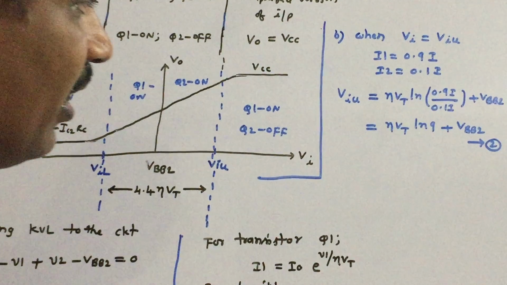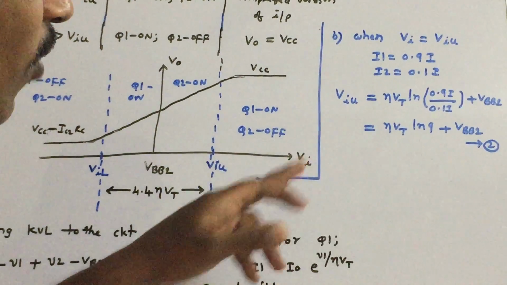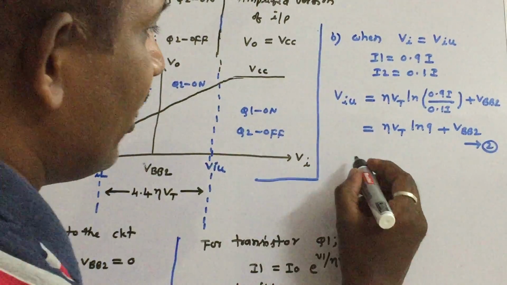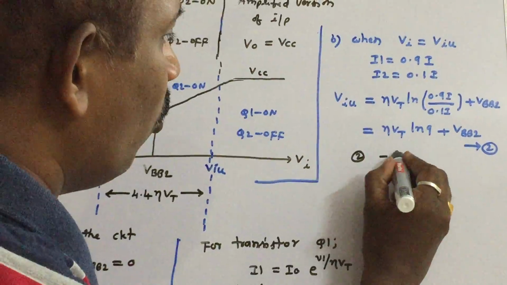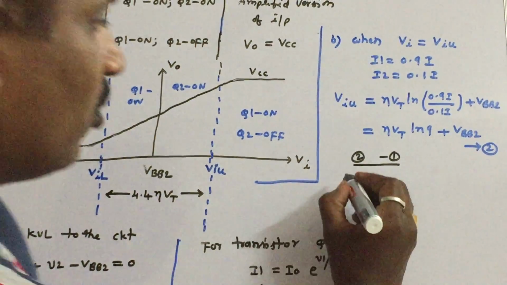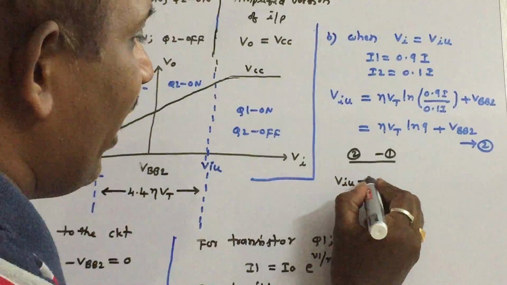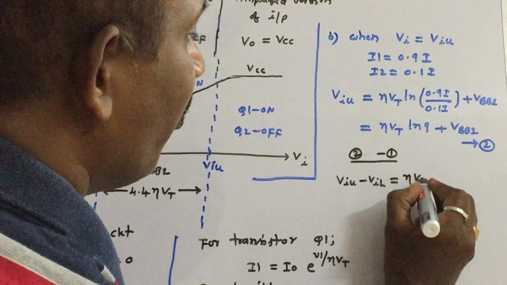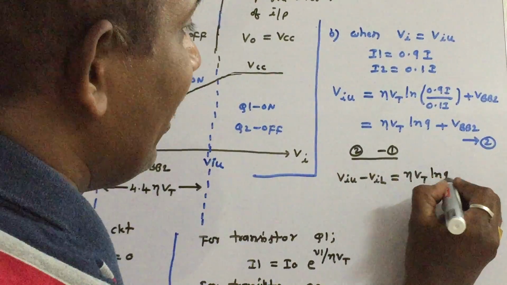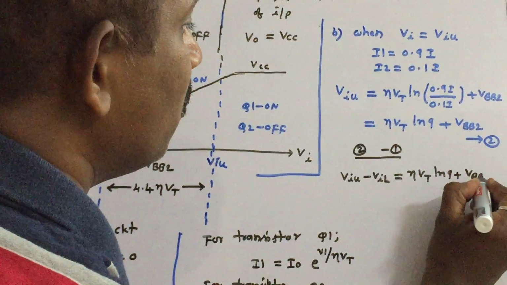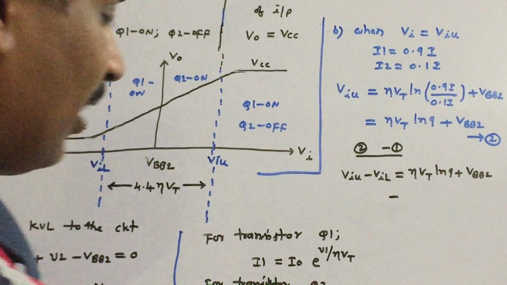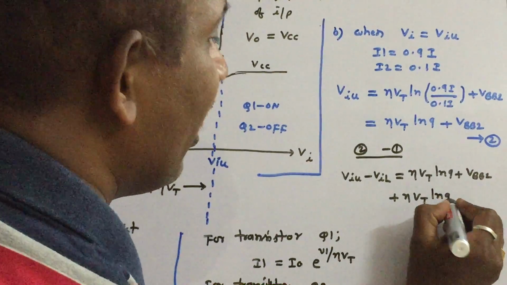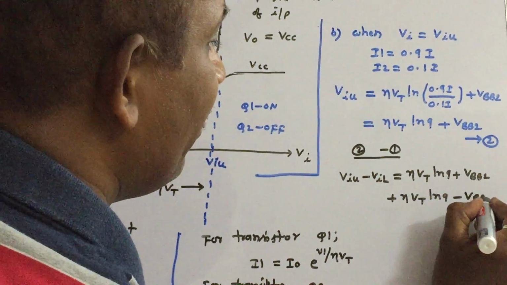What we want is the difference between the upper level and lower level which makes both transistors Q1 and Q2 conduct. Therefore subtract equation 1 from equation 2. VIU minus VIL is equal to eta Vt log 9 plus VBB2, plus, from equation 1, eta Vt log 9 minus VBB2.